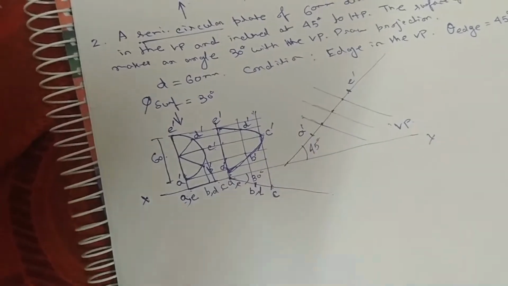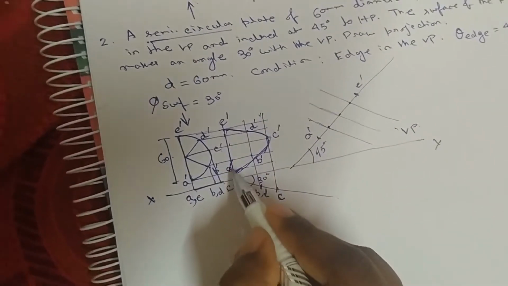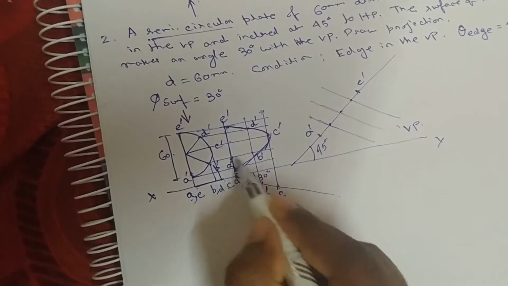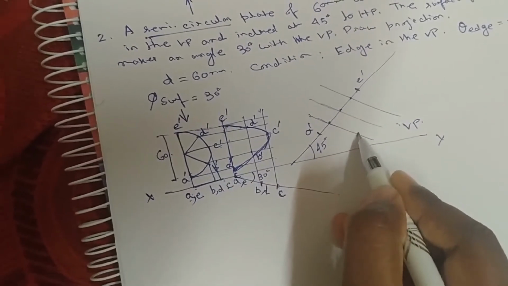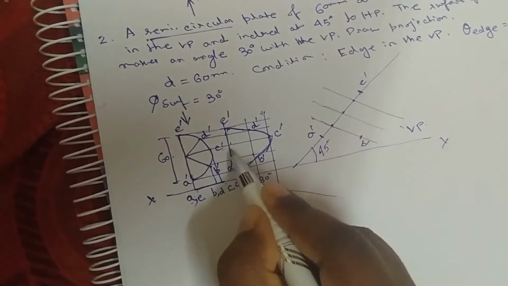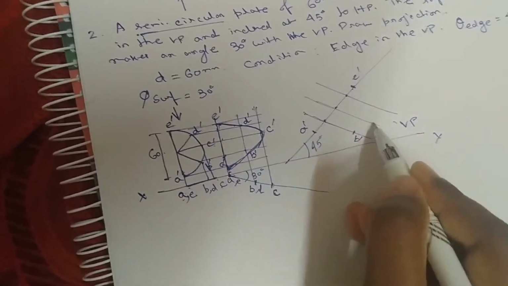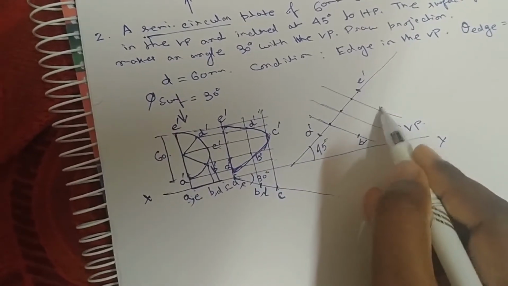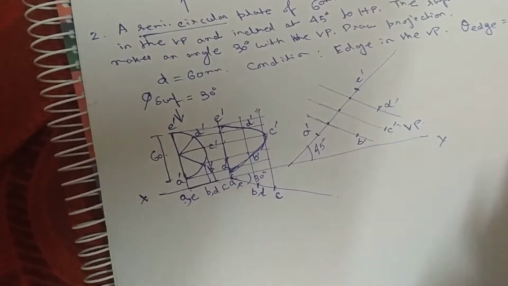After getting this 3 line, just cut this point and B dash point over here, and this point with C dash, this point with D dash.